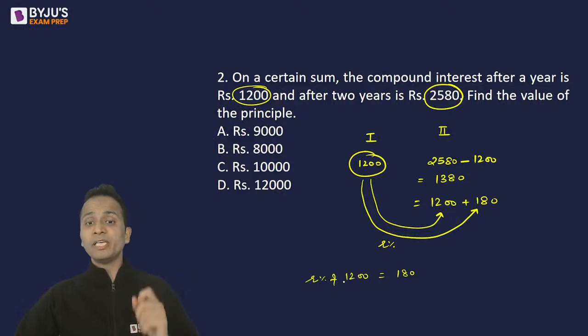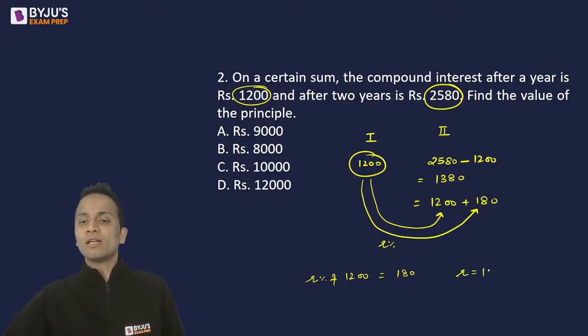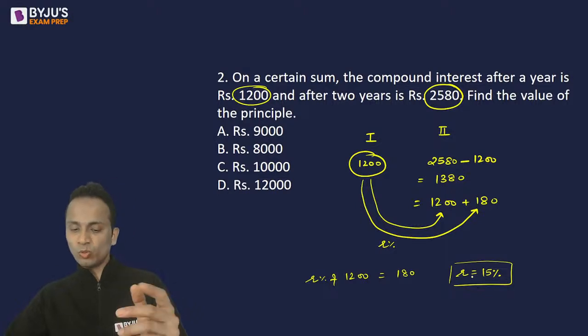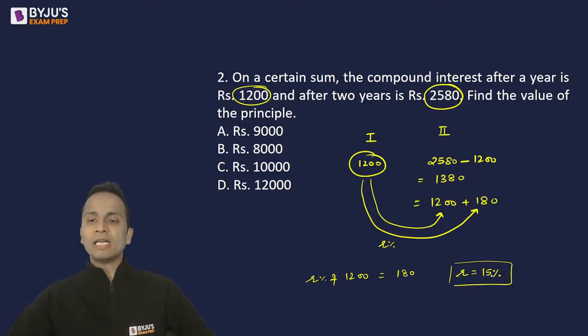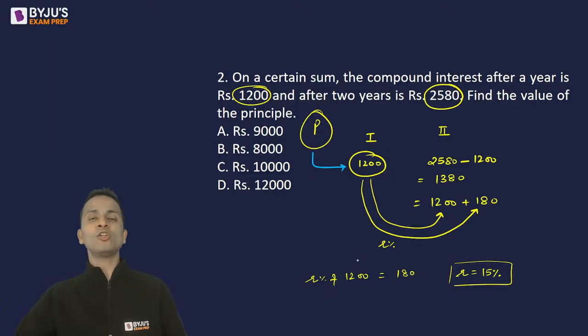This extra interest that we have obtained is the interest on the interest of the previous year at R percentage. So if R percentage of 1200 is equal to 180, the value of R comes out to be 15 percentage. Sonu has already given an answer. So R is 15 percentage. Now if P is the principal, then the interest of the first year, that is 1200 rupees, is given on the principal at 15 percentage, which we have already calculated.